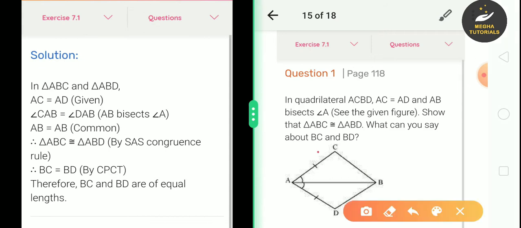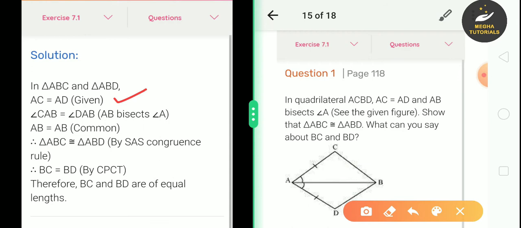It is given that AC is equal to AD and AB is the bisector of angle A. We have to prove that triangle ABC and triangle ABD are congruent. Please see the solution. In triangle ABC and triangle ABD, it is given that AC is equal to AD.